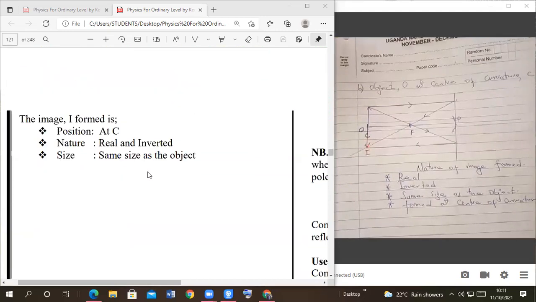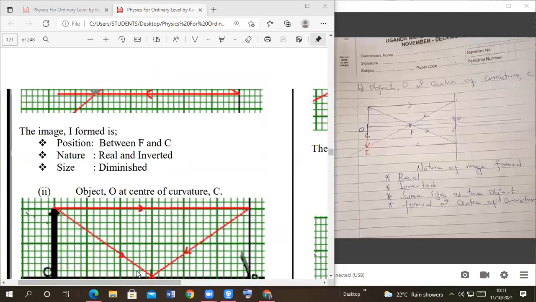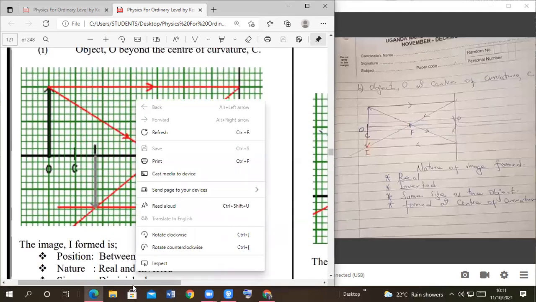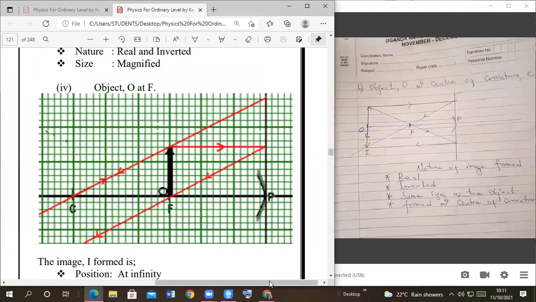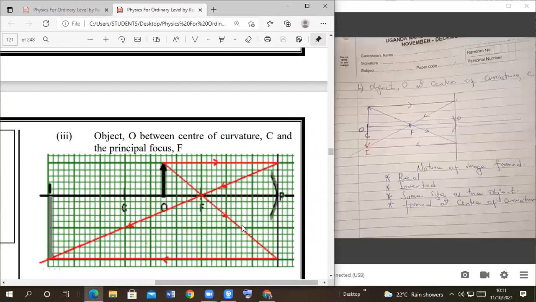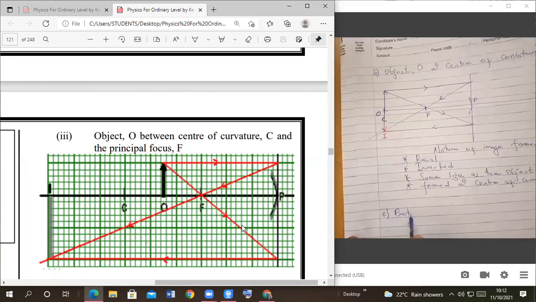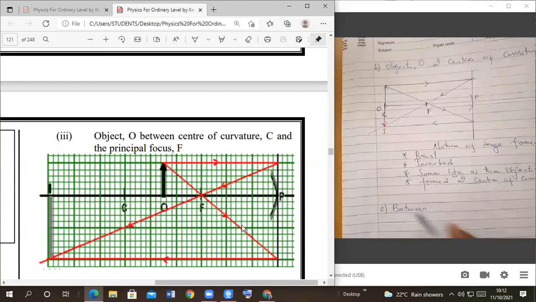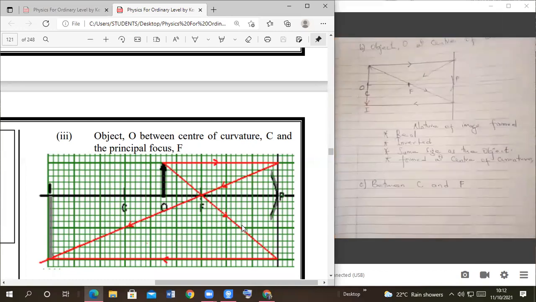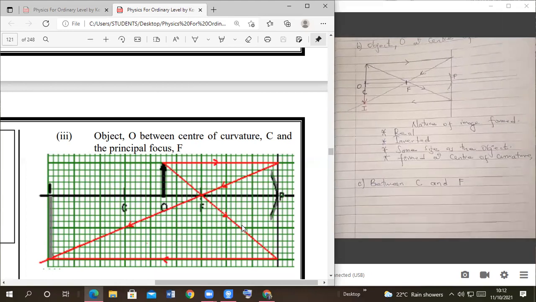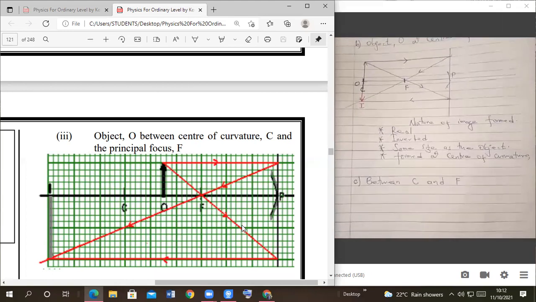Let's proceed. The third one, let's look at when the object is between C and F. To make it simple, you know what C stands for, you know what F stands for.